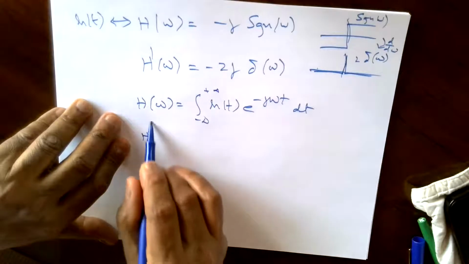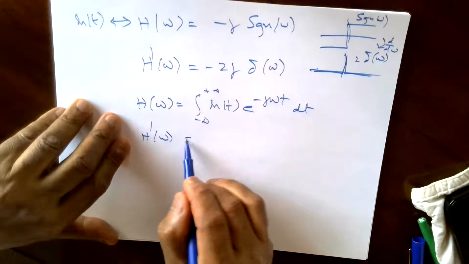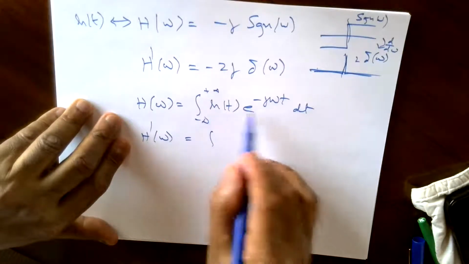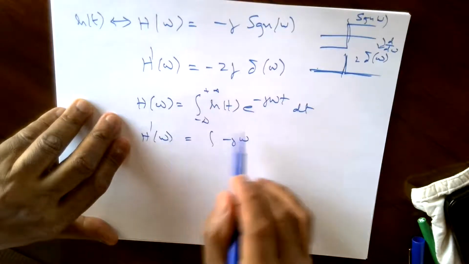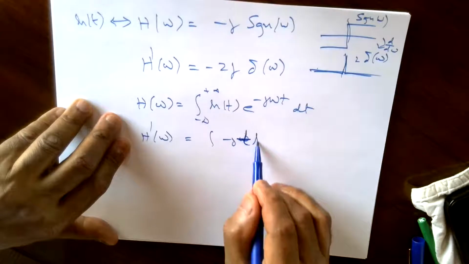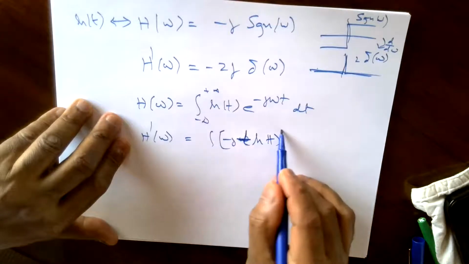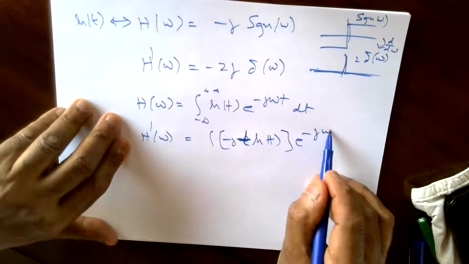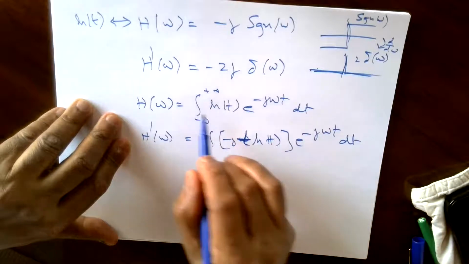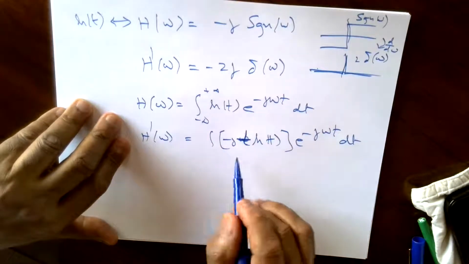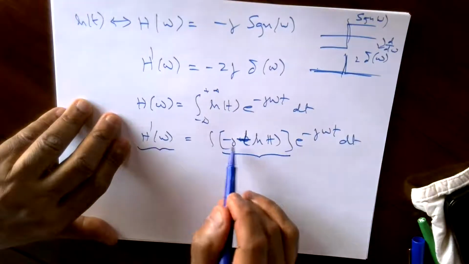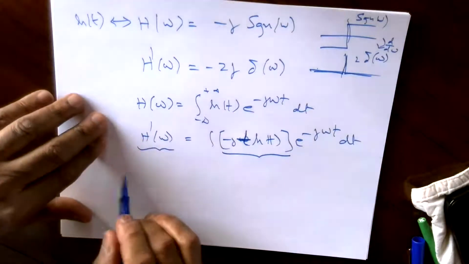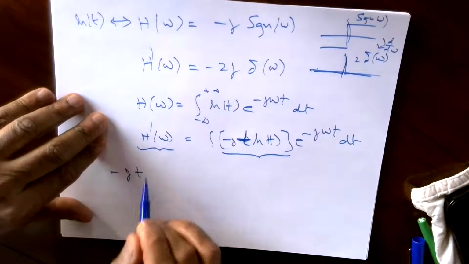So from here, H prime of omega is the integral of minus j t h(t) e raised to minus j omega t dt, by simply taking the derivative with respect to omega on both sides. So the inverse transform of this must be this function. So we also have the relation minus j t h(t).